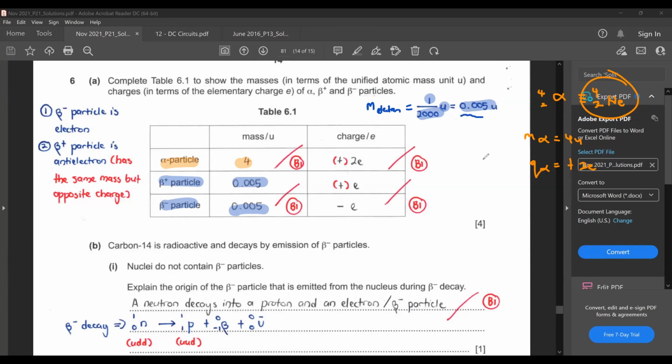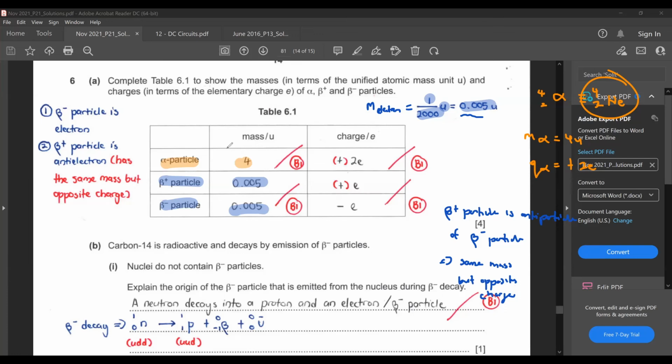Okay, so beta plus particle is the antiparticle of beta minus particle. What you just need to know is that they have the same mass, but opposite charge.